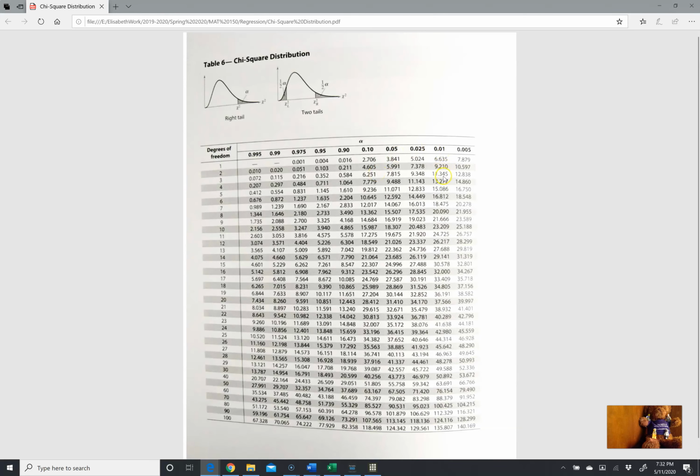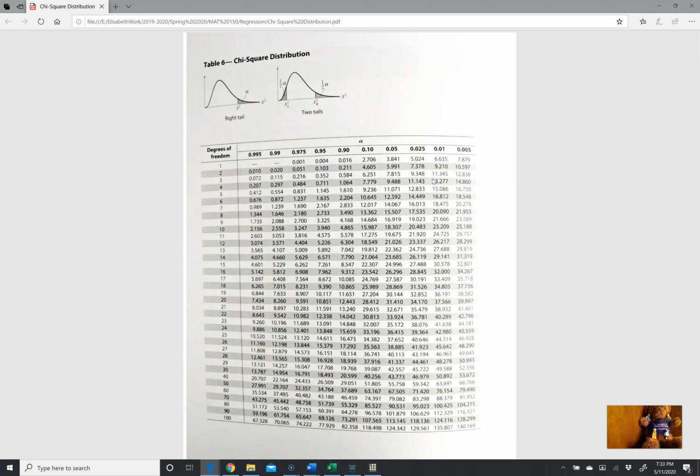If it were 0.01, then we would be using 11.345. Okay, so those are the numbers that we're using to create that rejection region. Once again, almost all the hypothesis tests that we have done have been using a rejection region. So we're using a rejection region again. Okay, so these are the major things for the hypothesis.